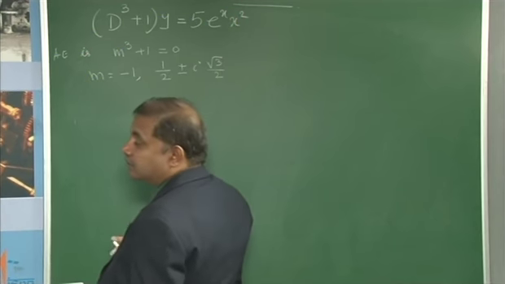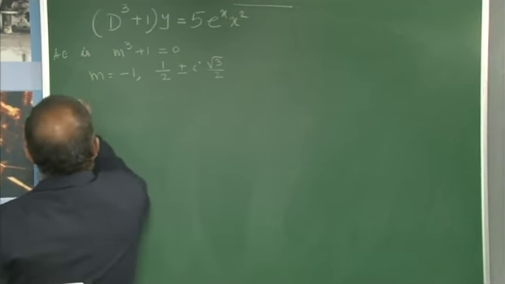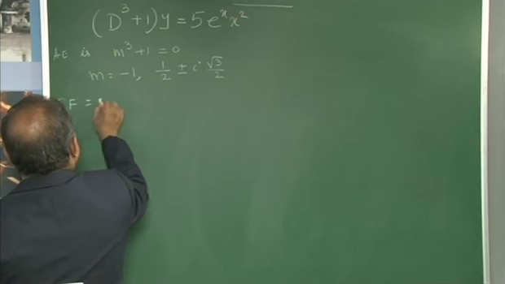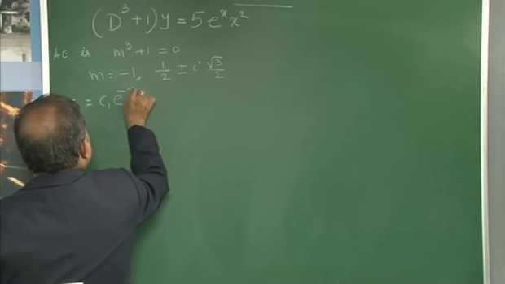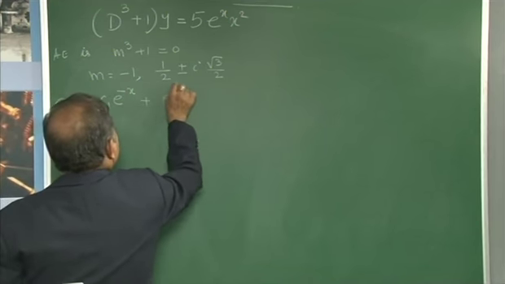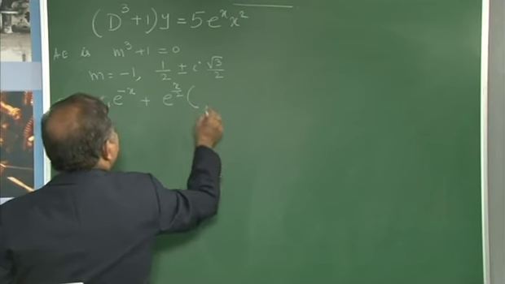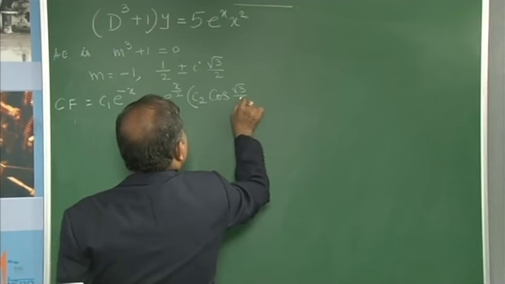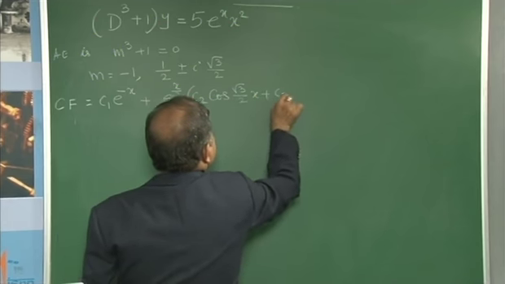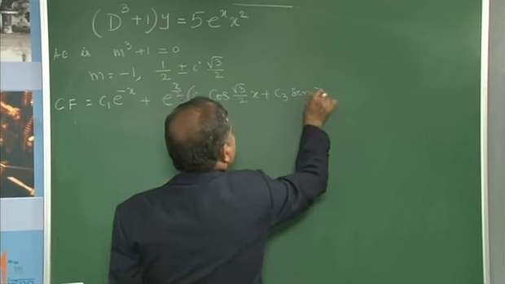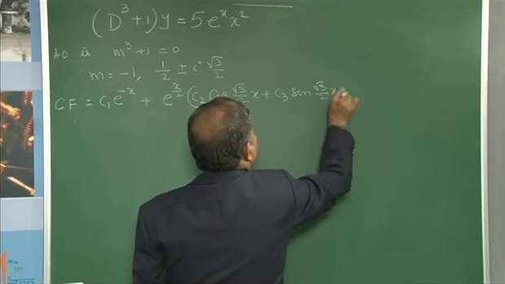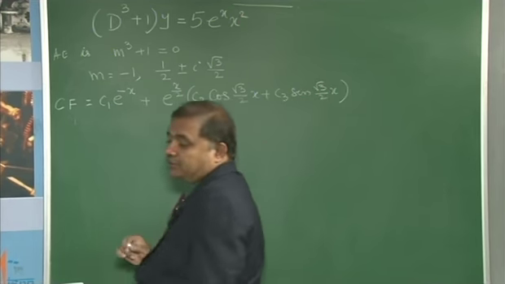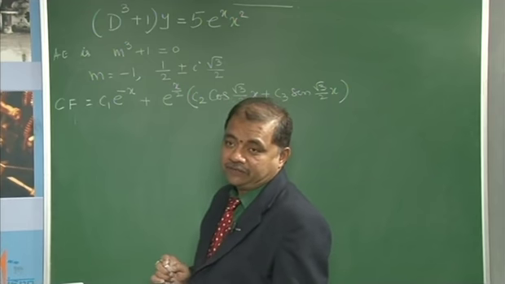Then the complementary function is C1 e power minus x plus e power x by 2 times (C2 cos root 3 by 2 x plus C3 sin root 3 by 2 x). This is my complementary function.